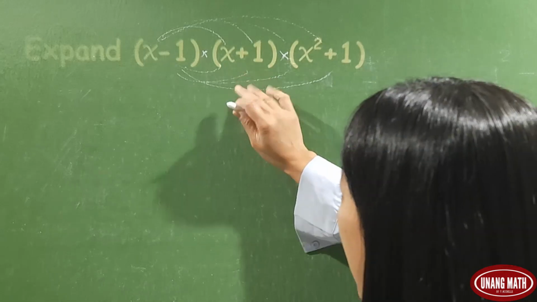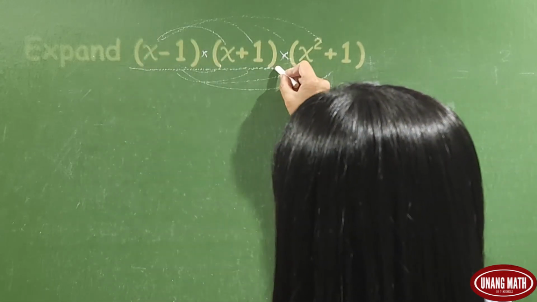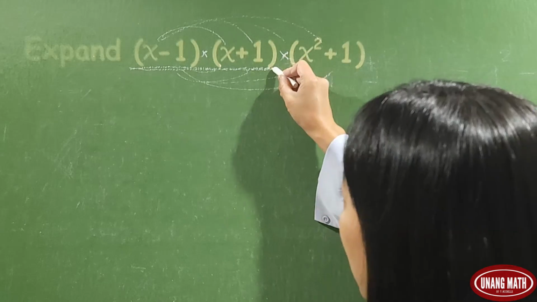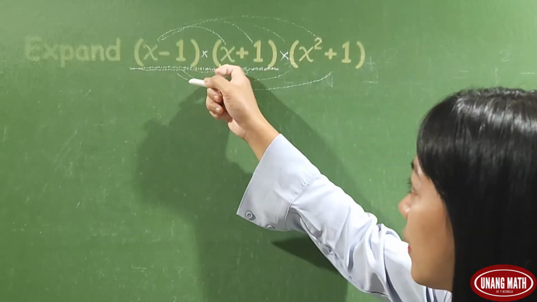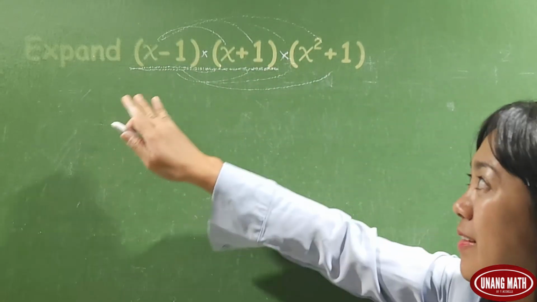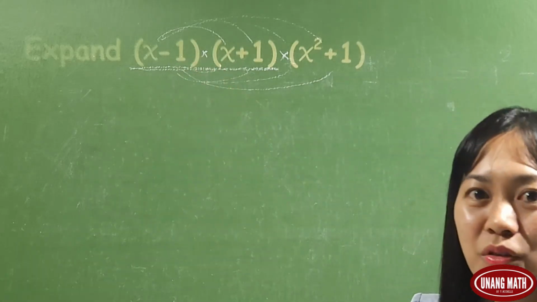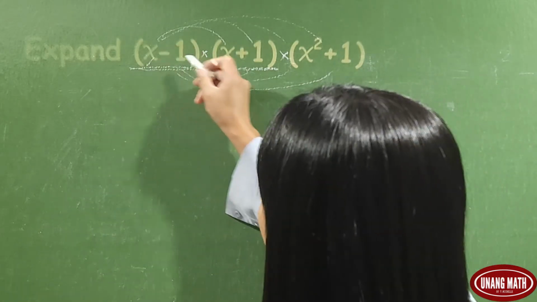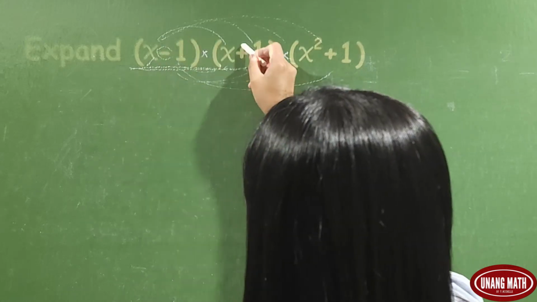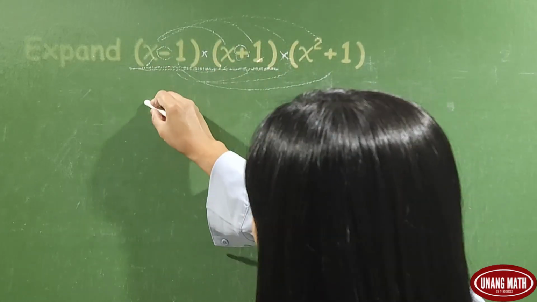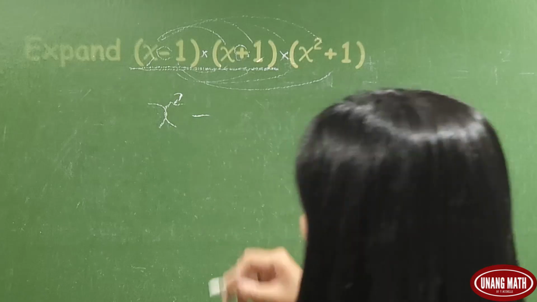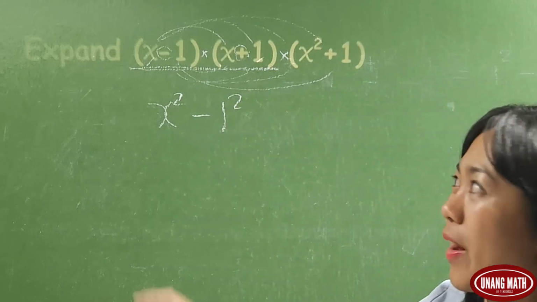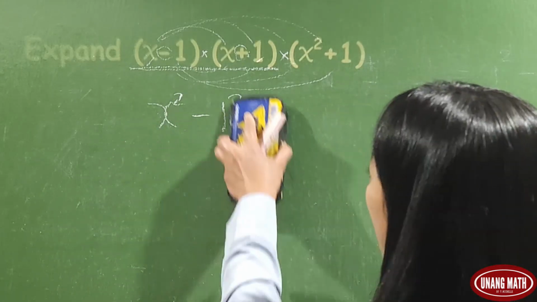What we will do here is, if you look at x minus 1 times x plus 1, this is difference of squares because we have here same numbers with different signs. So it means this is equal to x squared minus 1 squared or x squared minus 1.